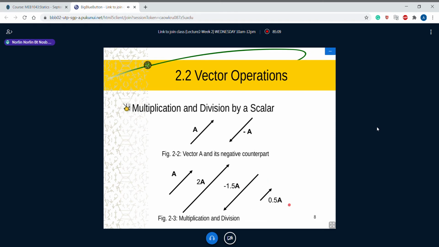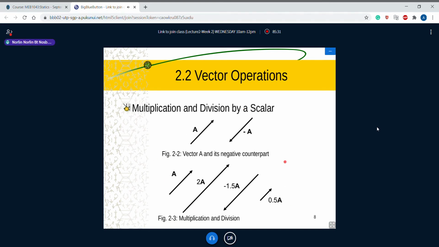And for the last one, it is half of the vector A, so it will be 0.5A. Is it clear now? Okay, this one is simple. I'm sure you all know.